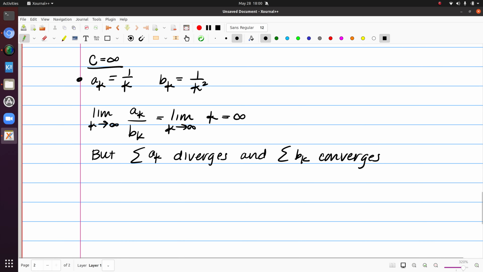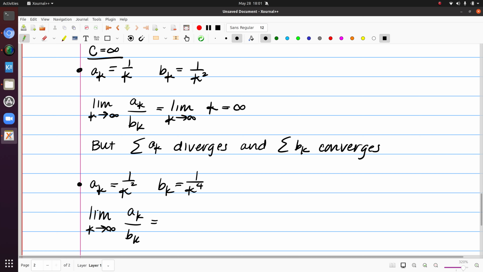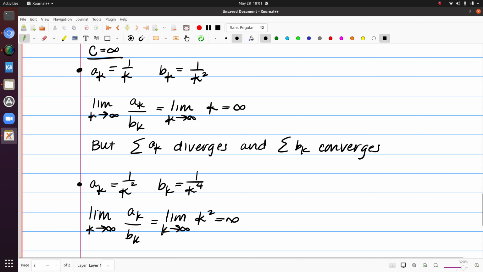Now, you might then ask, well, perhaps if the limit is infinity, that automatically means that they have the opposite behavior, and that's actually not true. So just to kind of round this out, if we had a sub k equals, let's say, 1 over k squared, and b sub k equals 1 over k to the 4th, and taking the limit of a k over b k here, that's equivalent to taking the limit as k approaches infinity of k squared, which is infinite.